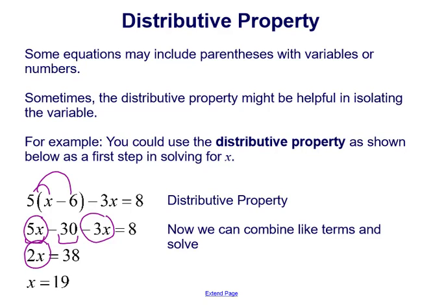And then also we were using our inverse operation, so we also added 30 to both sides, which is where we got the 38 on the right. And then we used our inverse operation of dividing by 2, since it was multiplying by 2, to get the 19 on the right as well, and our isolated variable x. But because you had that 5 and the parentheses, we used the distributive property first for this equation to solve it.